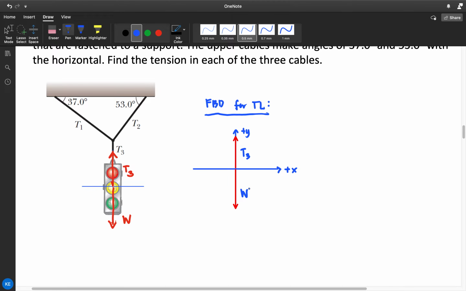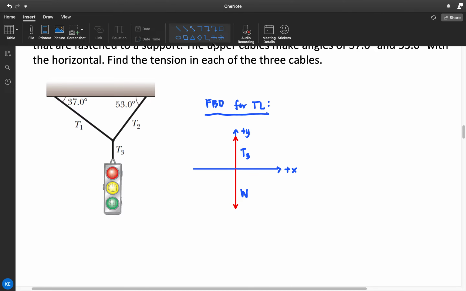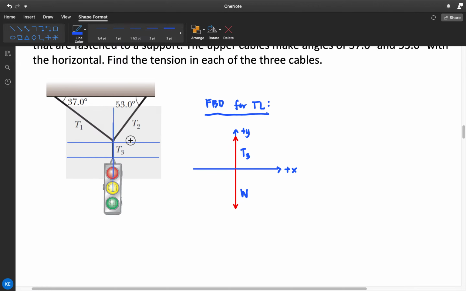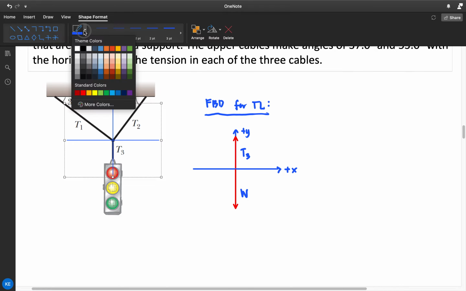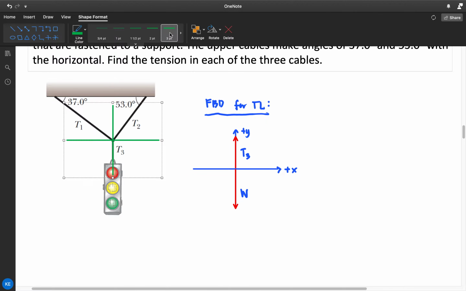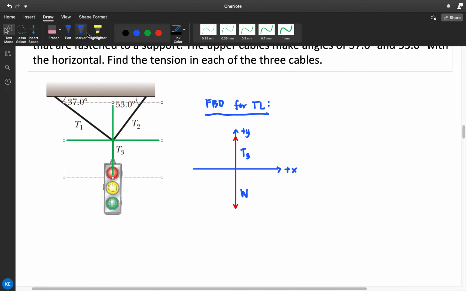Next is the free body diagram centered here at the center of the three cables. So we're just going to erase this one. Next, we're going to make an origin in such a way that the origin is centered here. Then we will trace the three forces present here.